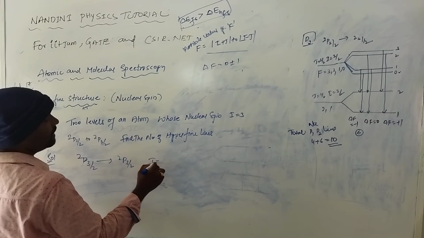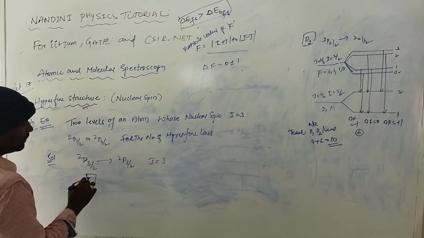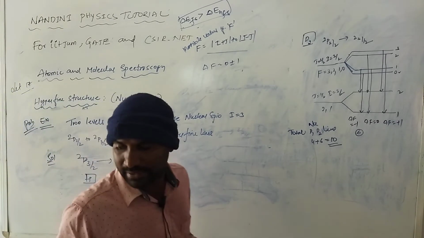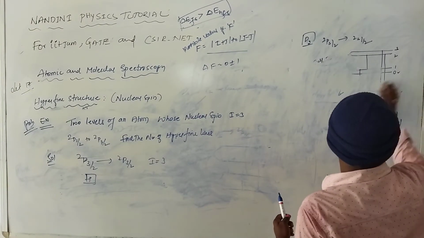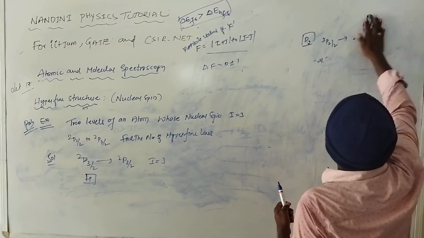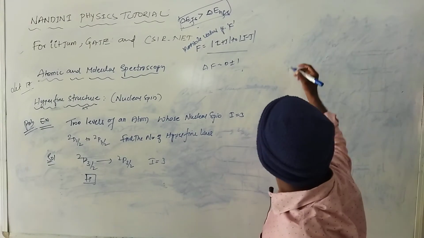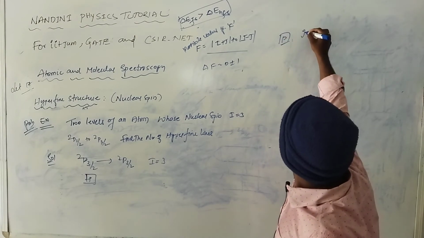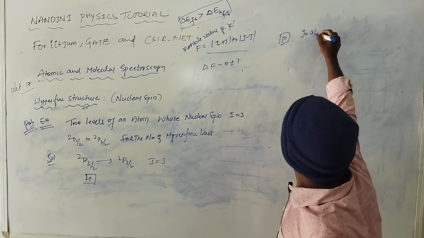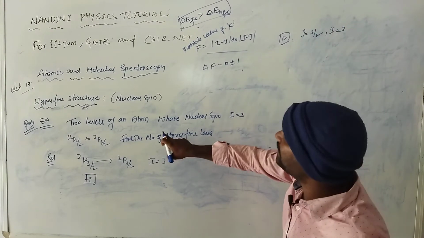So, given nuclear spin I is equal to 3, what is J for the D state? I will first of all explain the D state. J is equal to 3/2 only, and the I value is nothing but 3, given I is equal to 3.